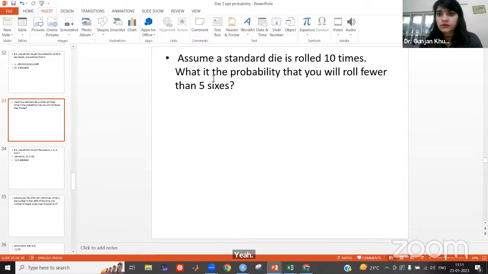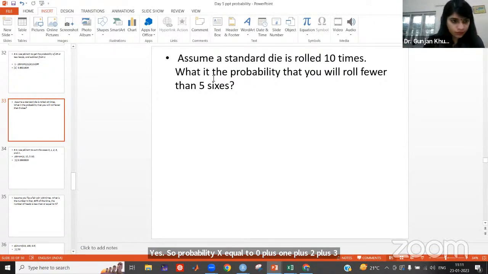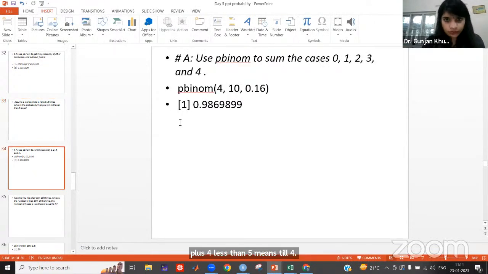X is less than 5. So probability X equal to 0 plus 1 plus 2 plus 3 plus 4; less than 5 means till 4 you will do. So you will use P binom to sum the cases 0, 1, 2, 3, 4 and this is what you have to do. Is that okay? Yes.